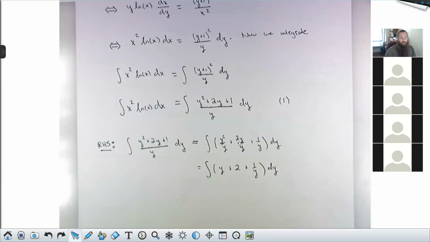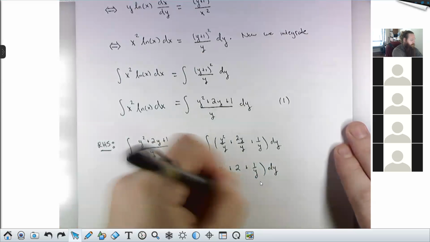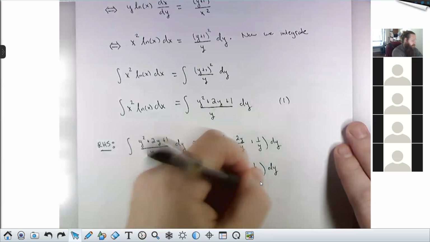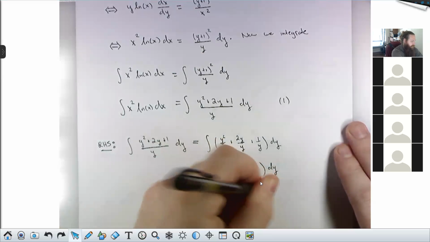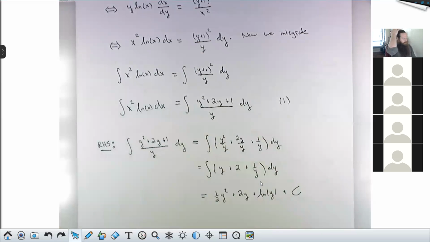This is one of those problems that maybe you could overthink, but really it's quite easy. These two are power rule things, and this is going to be a natural log. So this would be 1/2 y squared plus 2y plus the natural log of absolute value of y, and I'll also put my plus c over here. So that's the right-hand side integral.